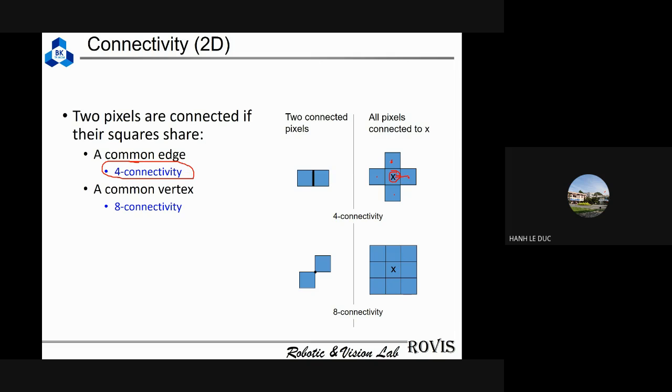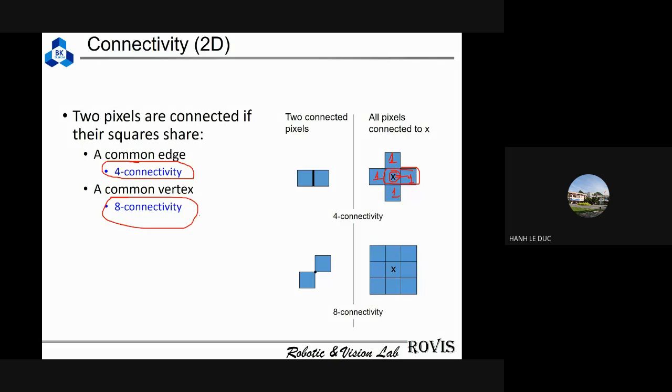So if a pixel falls in this region, it will be connected, and it will form one object. Here is a connected component.